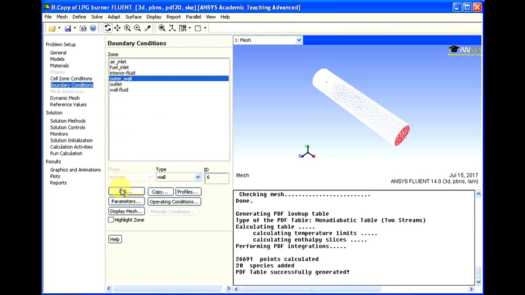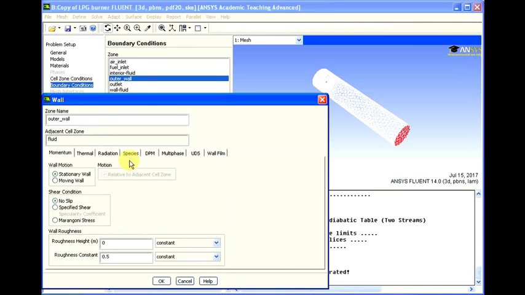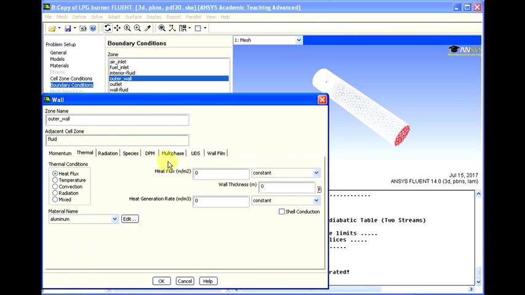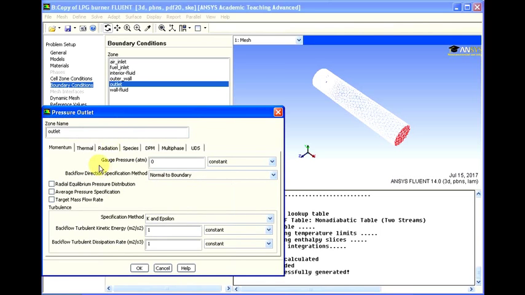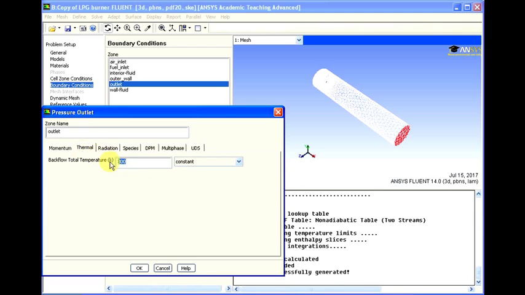For the walls, again we have to specify the heat losses in the walls as negative values. We will not do that here. For the outlet, it is pressure outlet. We set the backflow temperature to 1000 degrees.